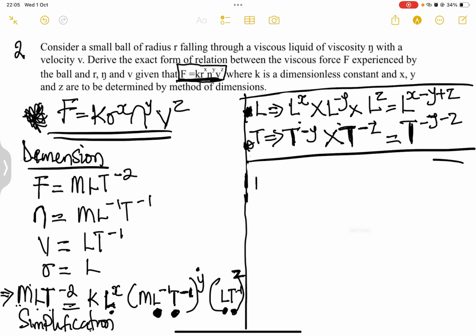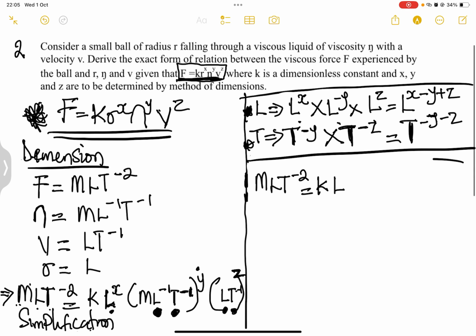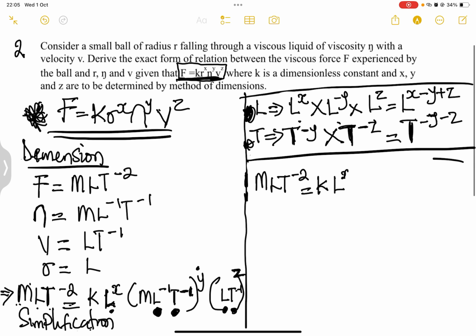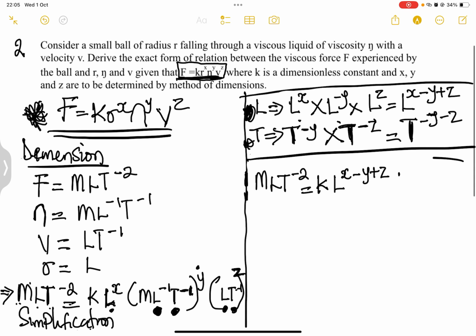So let's write down the simpler form since we've simplified. I have our simple form to be M L T raised to power minus 2 is equal to K, then L, the simple form which is here, L raised to power X minus Y plus Z. Then where's the next thing to write?